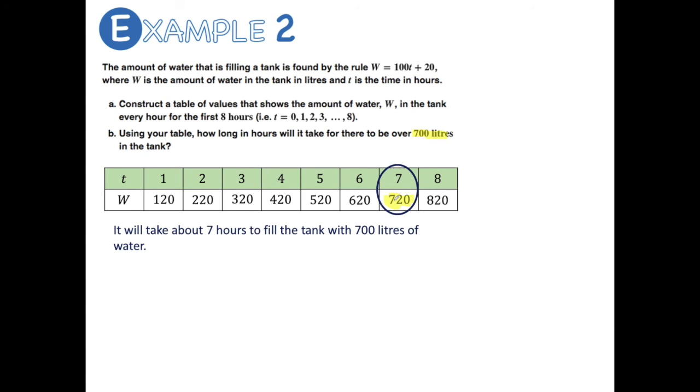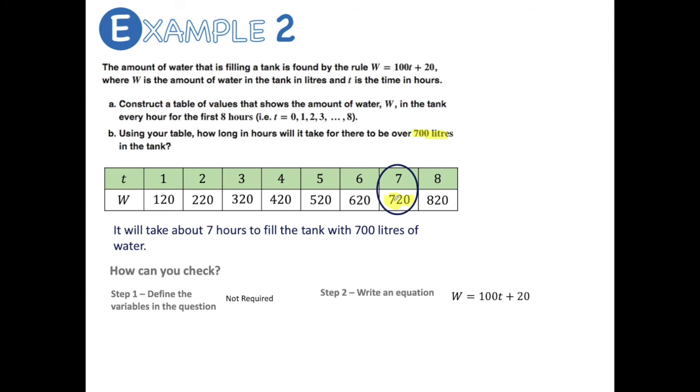It's not required in the question, but I can check my solution by applying my 3 steps. The first step, define the variable in the question, is not required because it's already done for us: T is time in hours, W is the amount of liters in the tank. Write an equation.